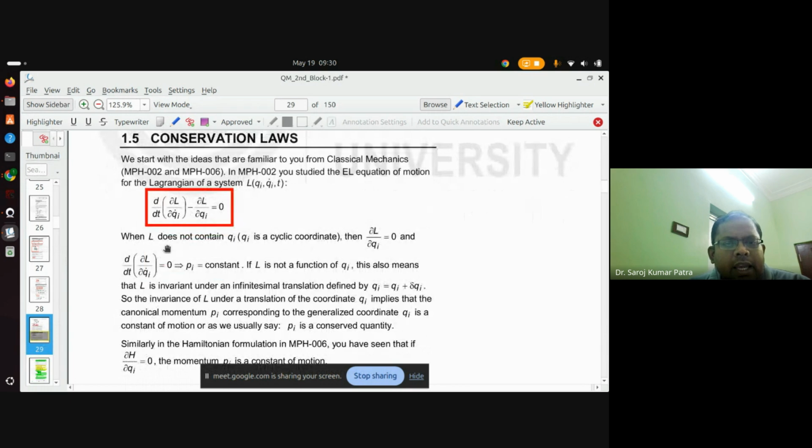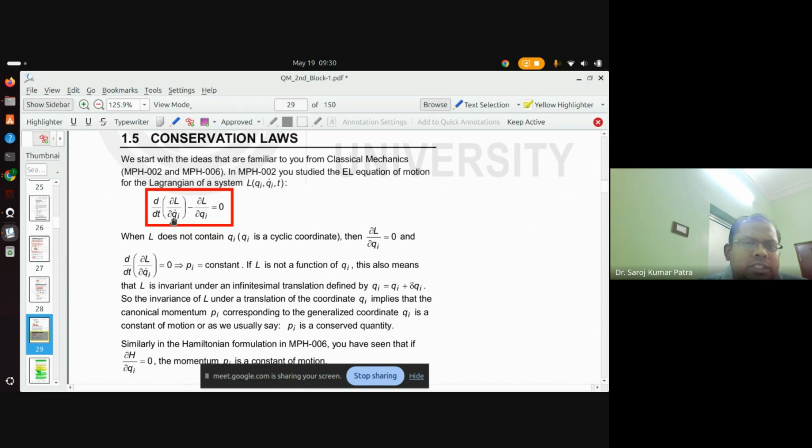So when L does not contain Qi, and Qi is a cyclic coordinate, then del L by del Qi is equal to 0. And d by dt of del L by del Qi dot is equal to 0, which implies Pi is constant. This is very clear from this equation: if del L by del Qi is 0, that means the Lagrangian does not have an explicit Qi dependence, then the second term is 0.